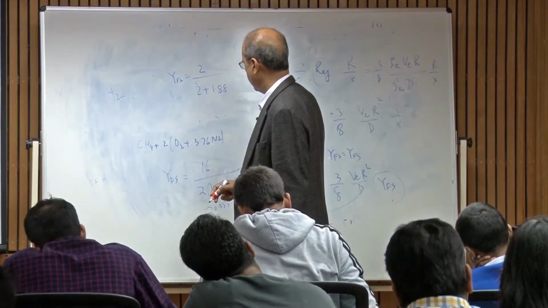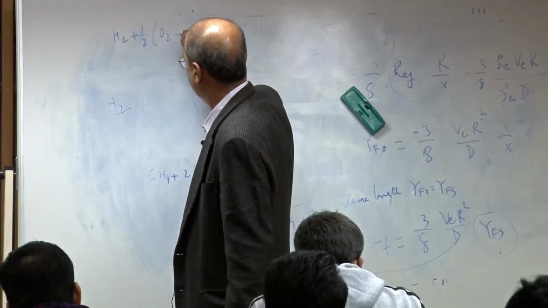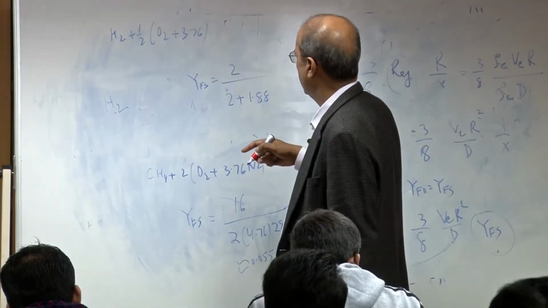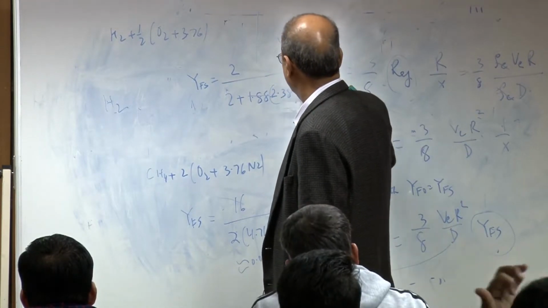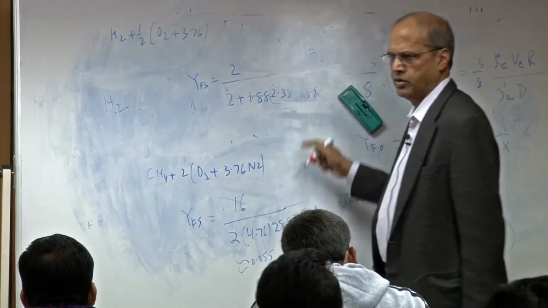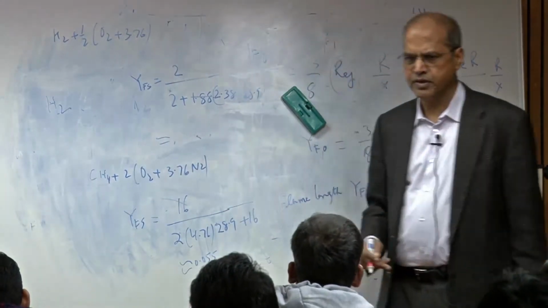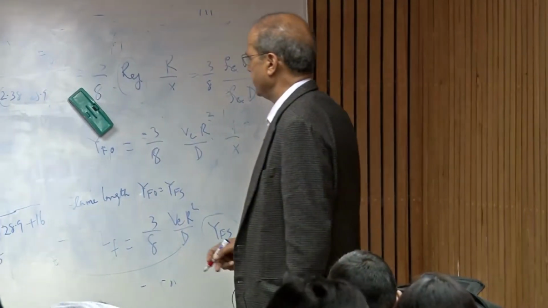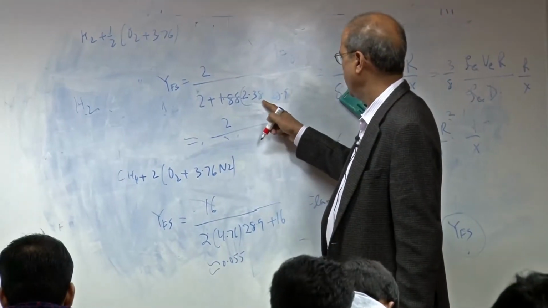For hydrogen it is H2 plus 1/2 O2, so 2.88, right? No, 2.38. So you can check this, times the molecular weight of air, which is 28.9. So 2 divided by 2 plus that. Let's calculate this quickly. I don't remember this. So this is 2 divided by 2.38.